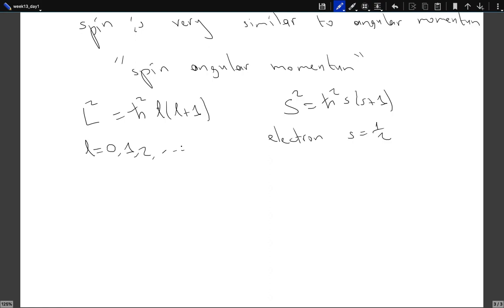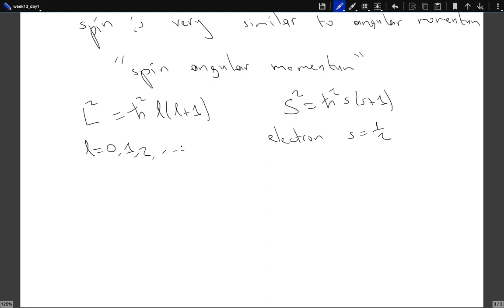It's not possible. Another argument against that interpretation is that we have some upper limits on the size of the electron. I think the limit is 10 to the power minus 18 meters. If the electron has any radius, then its radius has to be less than 10 to the power minus 18 meters. And if you just imagine the rotation of a sphere of that radius, with the mass of the electron, causing this spin, then the surface of the electron should move faster than the speed of light, which cannot be.